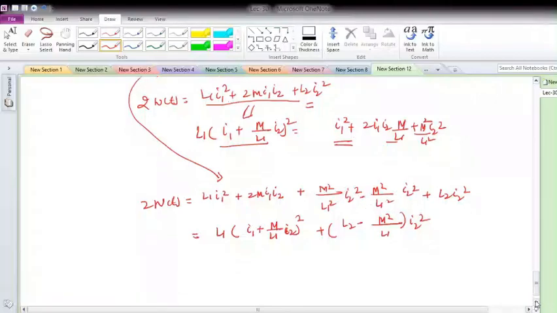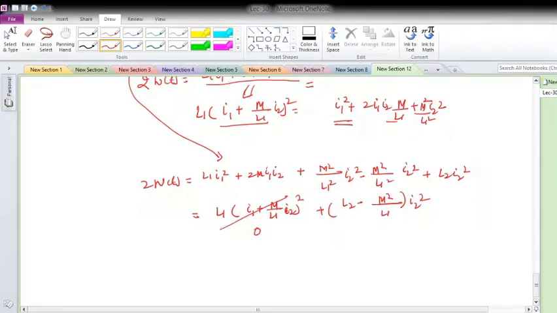Now again, I want to get L1 L2 minus M square. To obtain this, let me assume the first term is 0 quantity, and the first term will be 0 when I1 will be minus M upon L1 into I2.